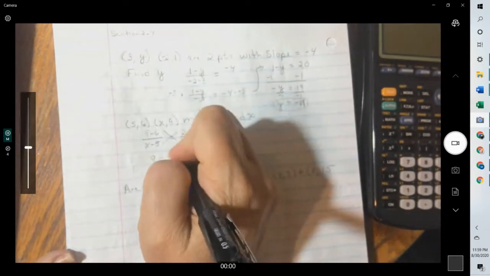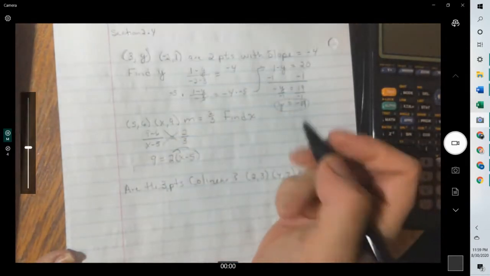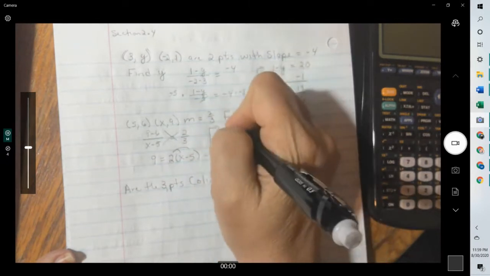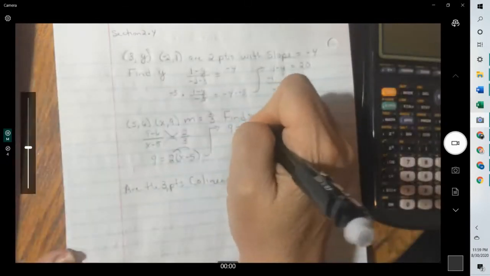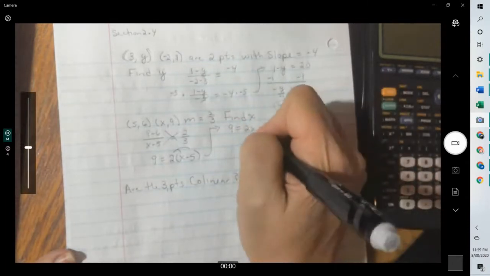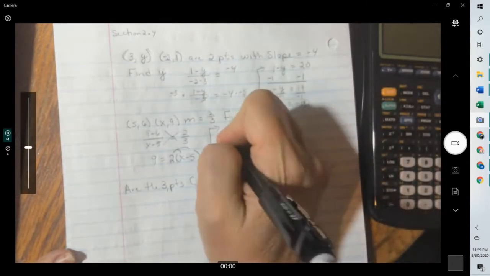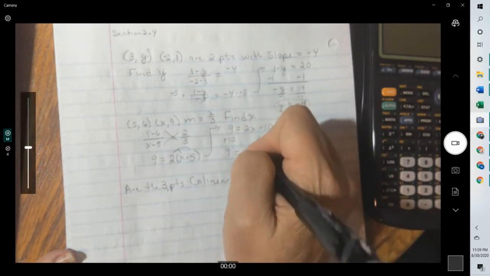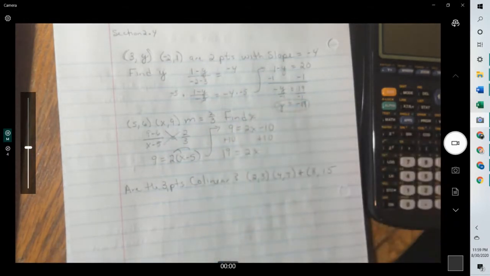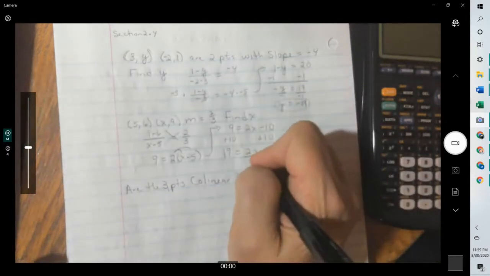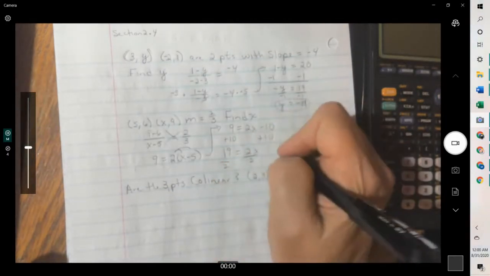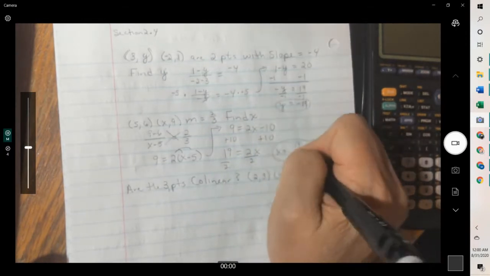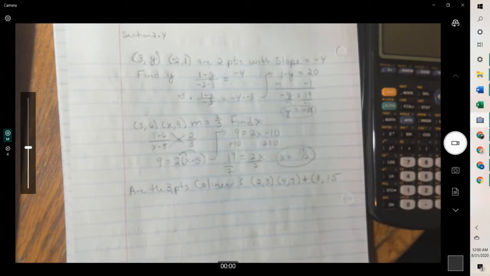We need to distribute and get rid of our parentheses. So that 9 equals 2x minus 10, the 10. So that 19 equals 2x, and then divide by 2. So x equals 19 halves.